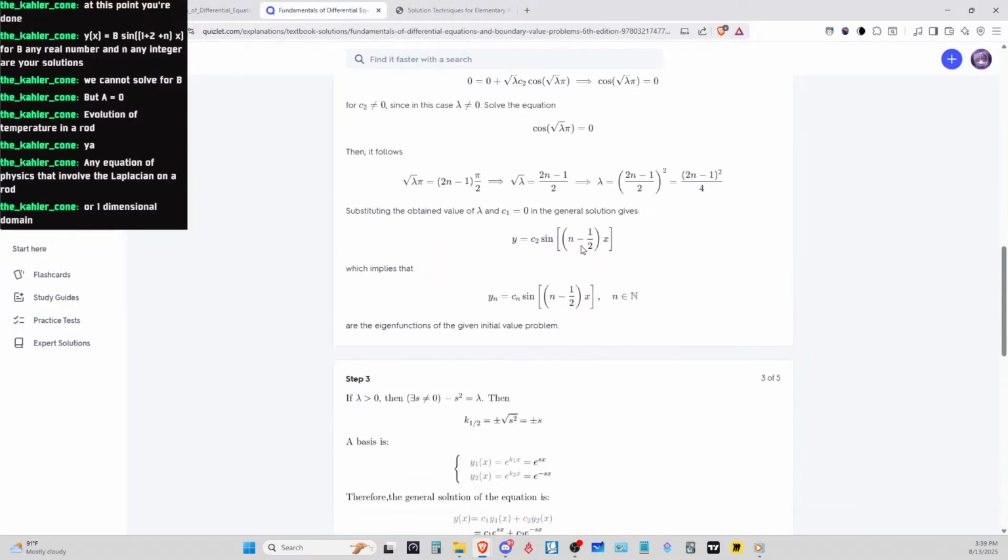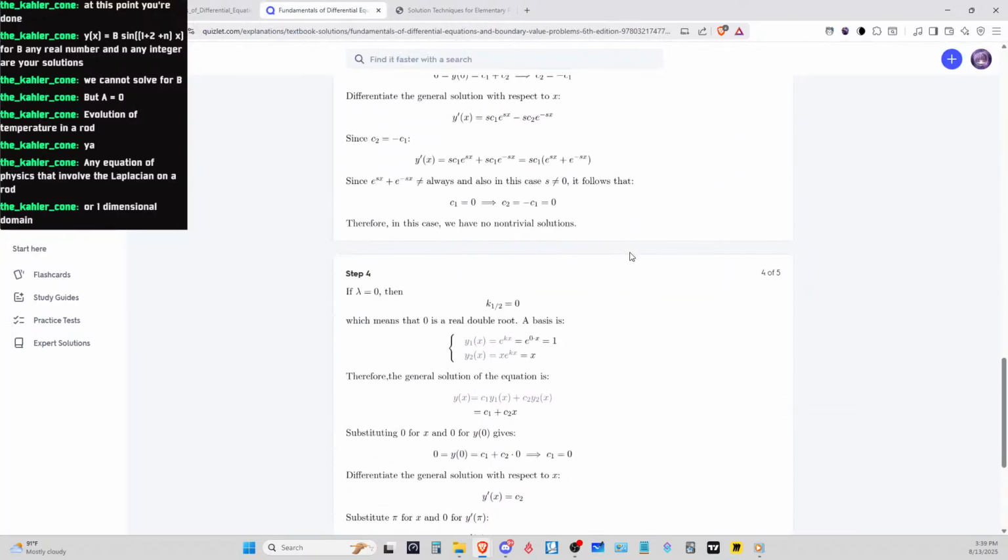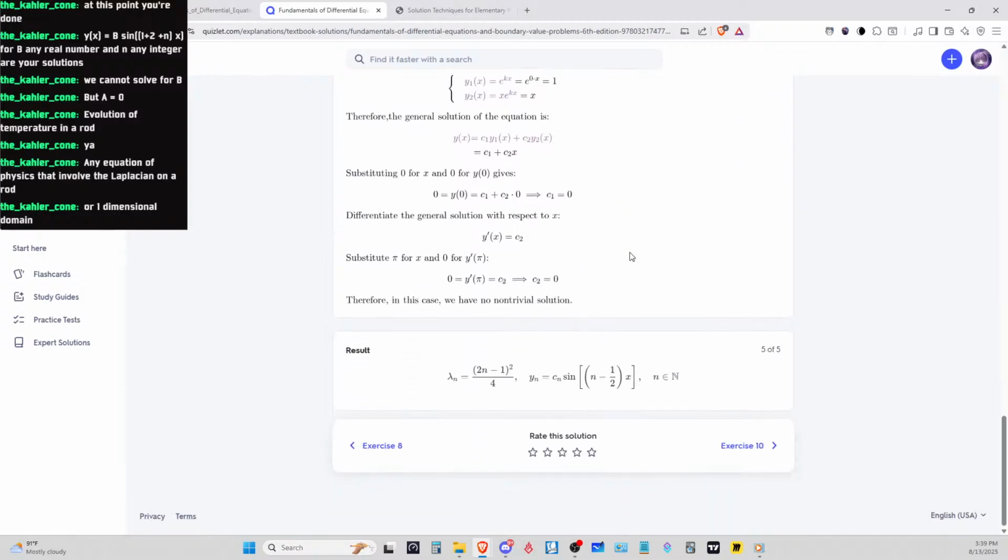I want to see what they did. Wow, there's a lot of steps here. Okay, so the way they wrote it is that y is equal to a constant sine minus a half x. So they solved for lambda in that way.